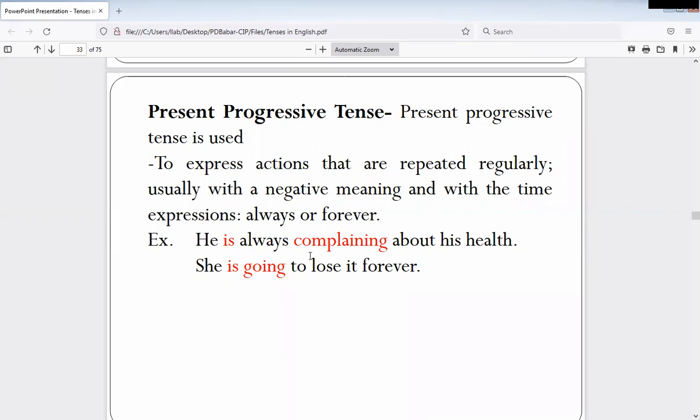He is always complaining about his health. So this is expressed with the present progressive tense.